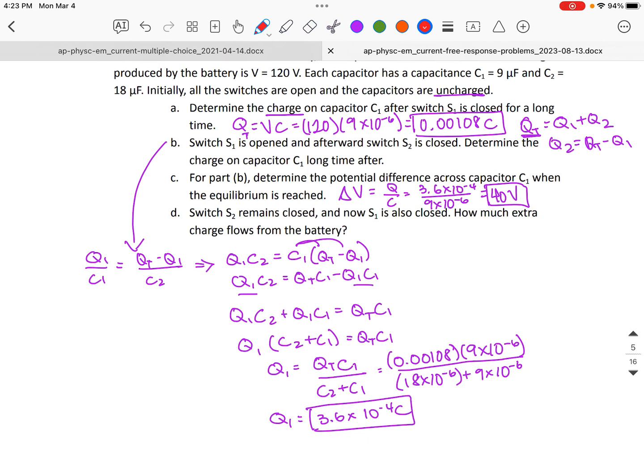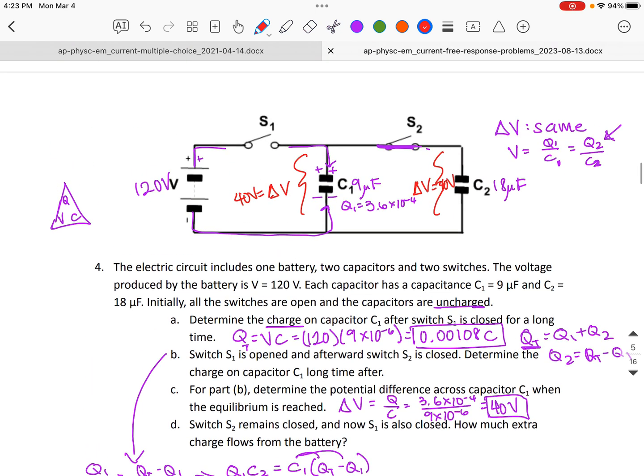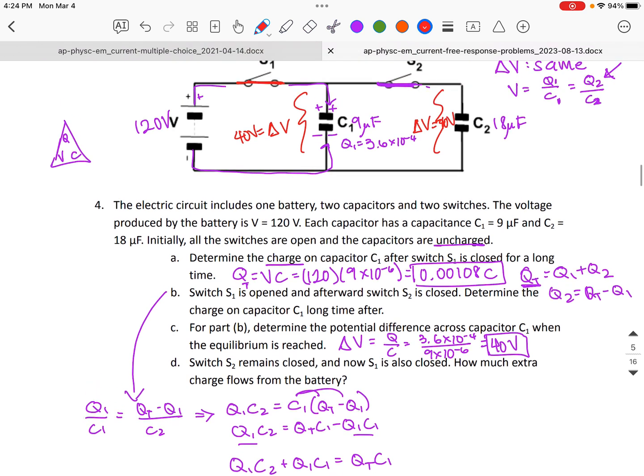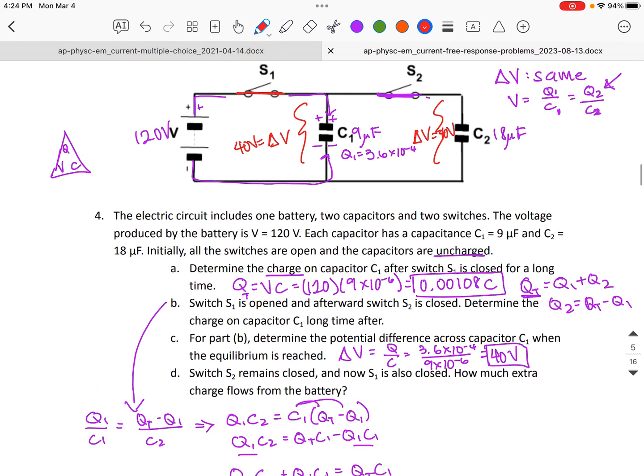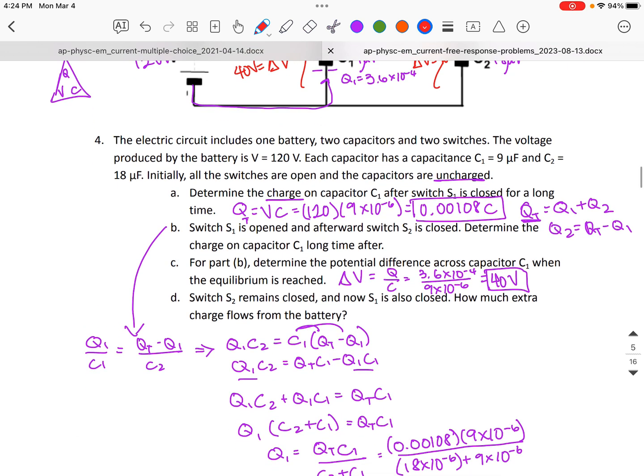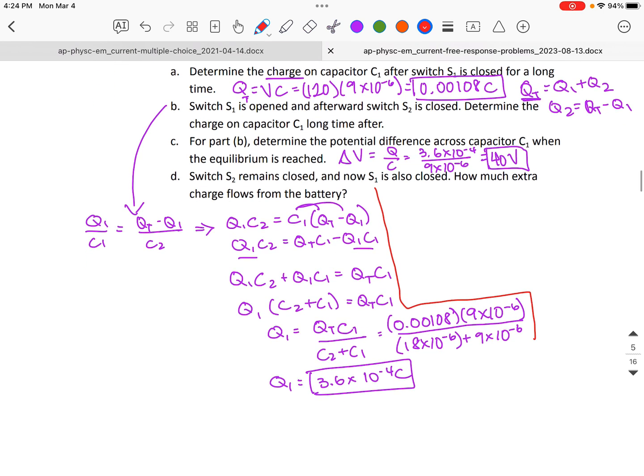So in this scenario, I'm now closing this switch right here. Now, if I want the extra charge that flows in, I need to figure out the equivalent capacitance. So I'm going to try to squeeze in part D over here.